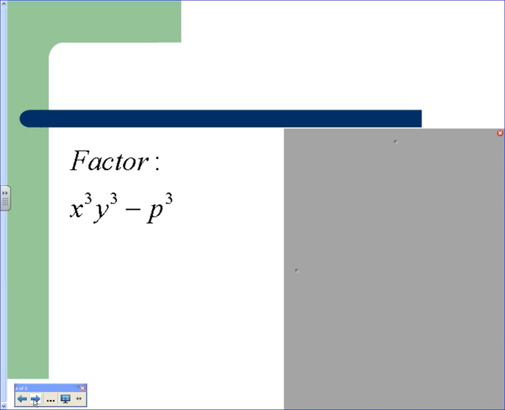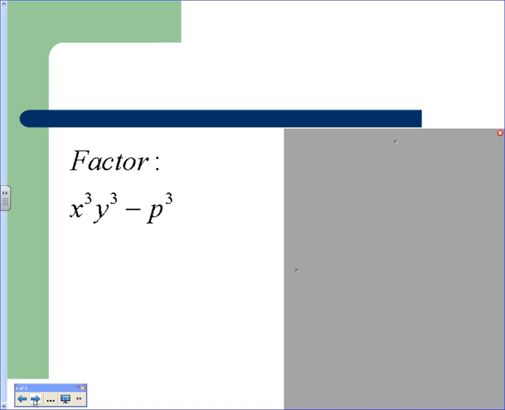Wouldn't it be X minus B? That was right. Are we using a cubed plus b cubed or a cubed minus b cubed? Why minus? Because there's a minus sign there.